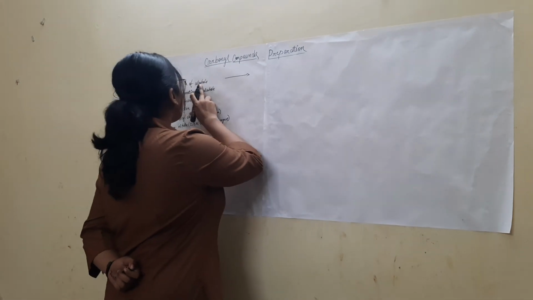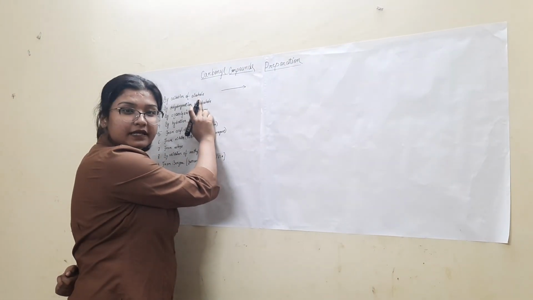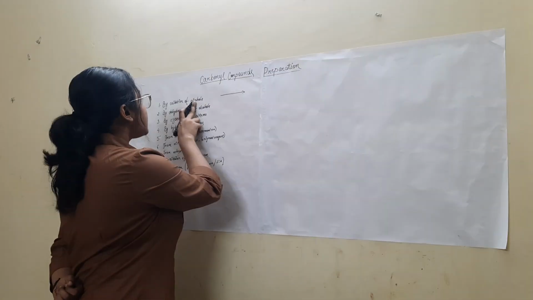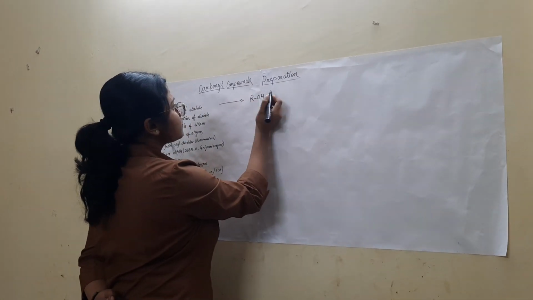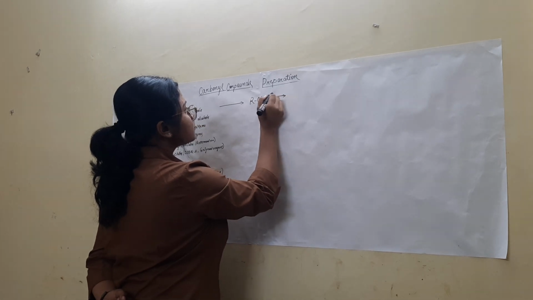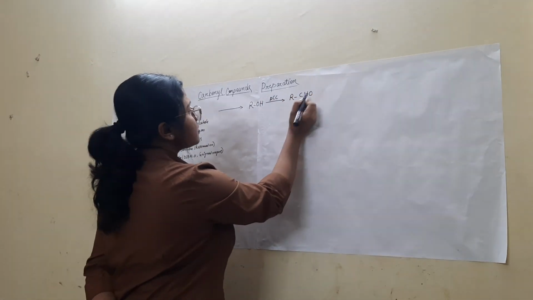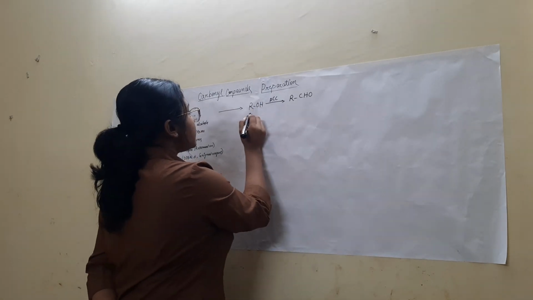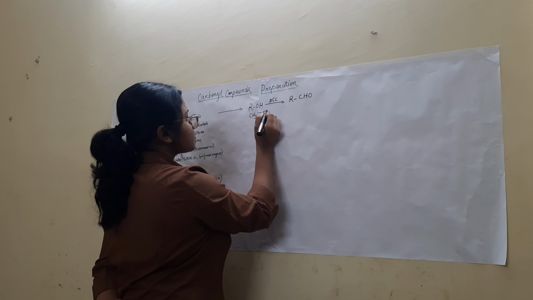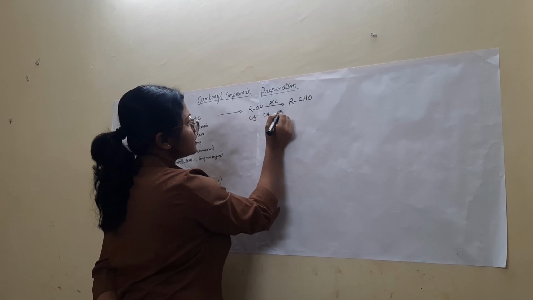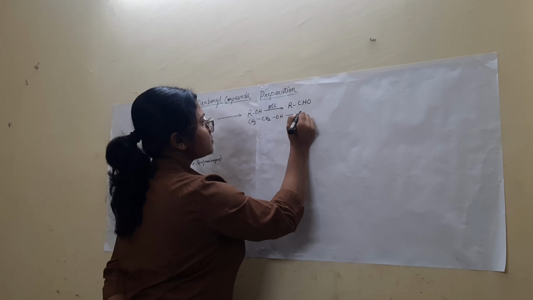So from alcohols to aldehydes, we are going to use PCC, pyridinium chlorochromate. So alcohols, it is converted to aldehydes. Now, if the compound is this, it will be converted to aldehyde.